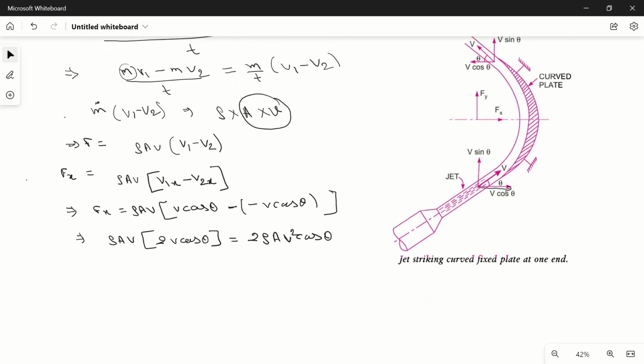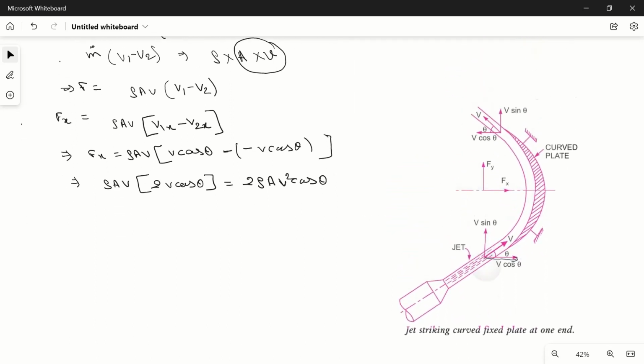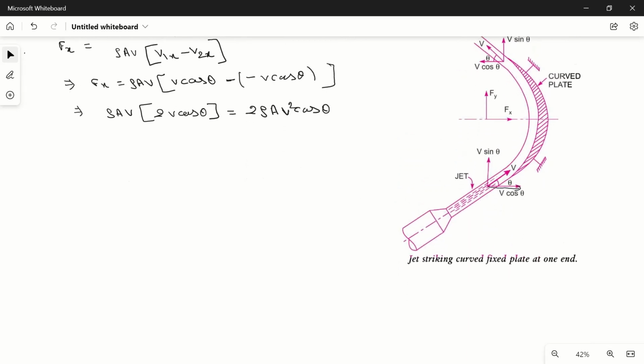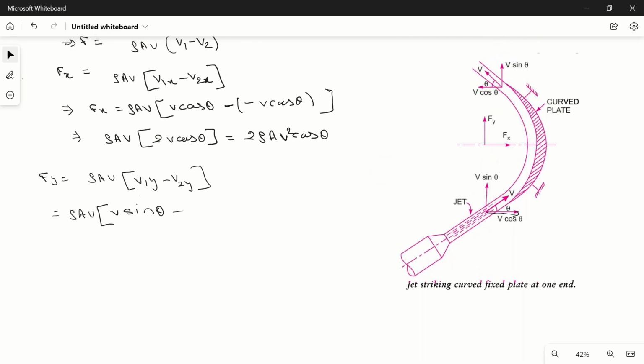Now we have to find the force exerted in the vertical direction. So Fy will be rho A V times (V1y minus V2y). What is V1y? The velocity along the y direction at inlet, which is v sin theta, minus V2y, which is also v sin theta.